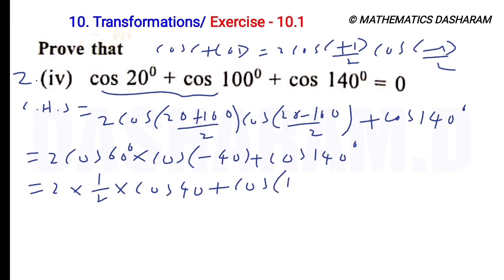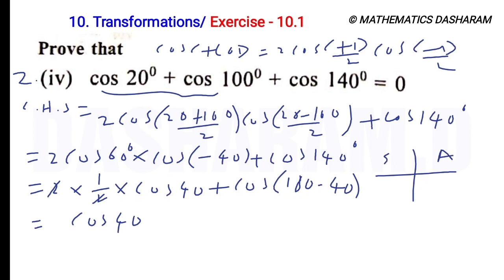So 140 can be written as 180 minus 40 degrees. Here 2 cancel. 1 into cos 40 is cos 40, and for cos 180 minus theta, in the all silver tea cups rule, 180 minus theta belongs to the second quadrant, that means silver.